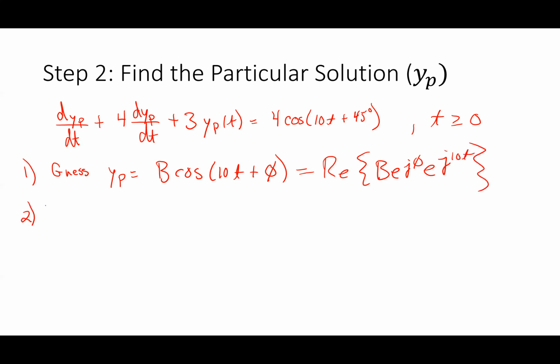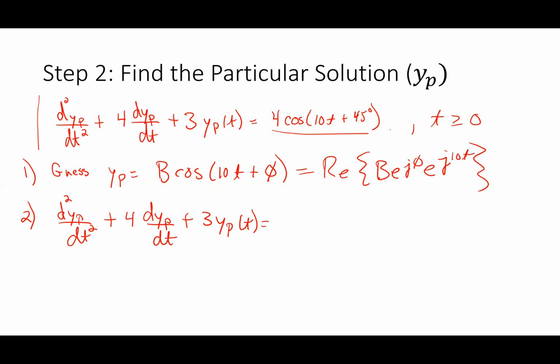My step 2 is basically to say, okay, take this equation here and put that into this dynamic phasor form. I don't do anything different to this side of the equation, the derivatives. What do I change about the other side of the equation?